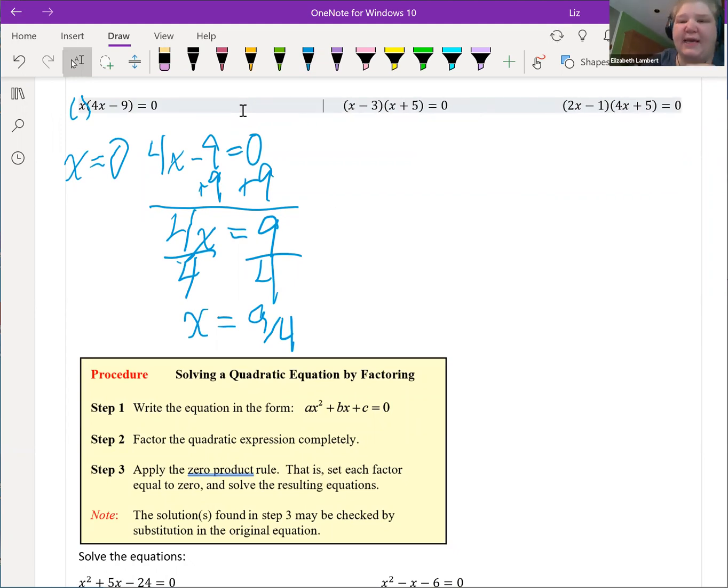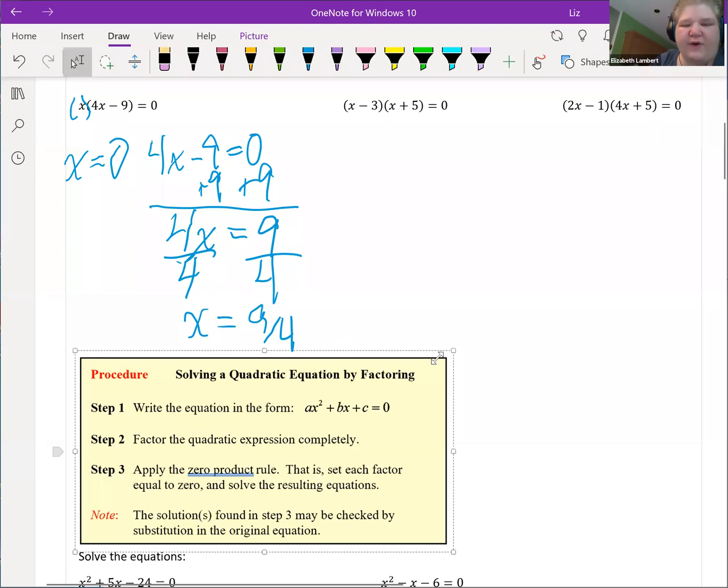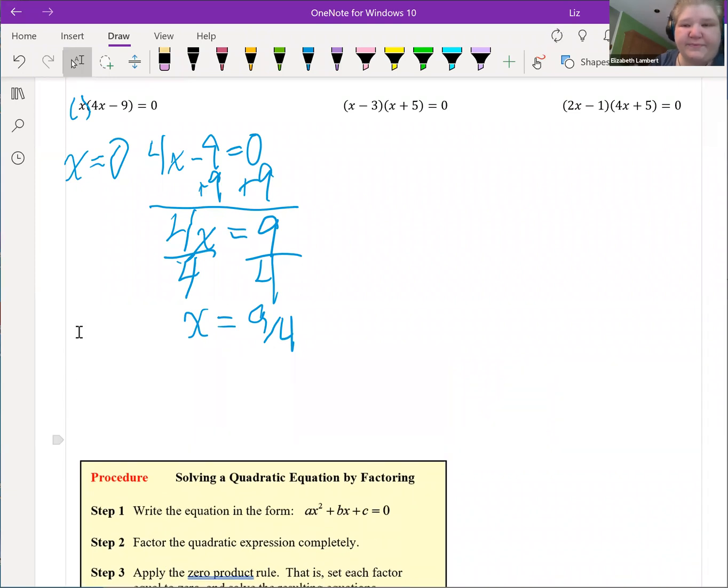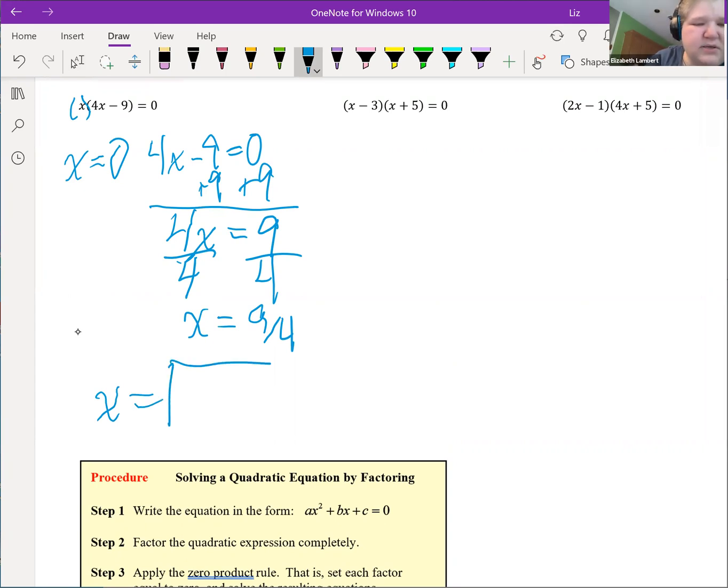Both of those are the answer. When you're going to input them on Alex, it doesn't matter which order you put them in, provided you put both of them and you put a comma to separate them. So this typically looks like x equals, and you got the box. I know you guys have been doing this. I'm just double checking.